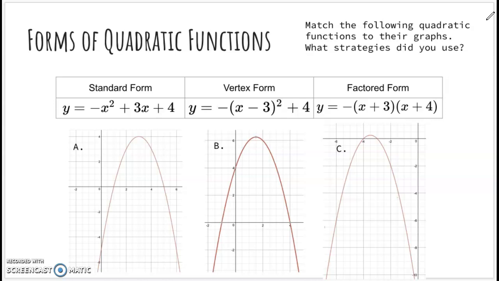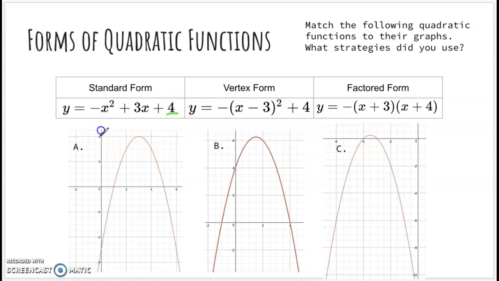All right, so welcome back if you paused and you've now unpaused the video. So let's check it out. If we start with our standard form here, remember we said the easiest thing to see, that A value tells us whether our parabola opens up or down. But then we've also got this C value, and that C value is telling us the y-intercept.